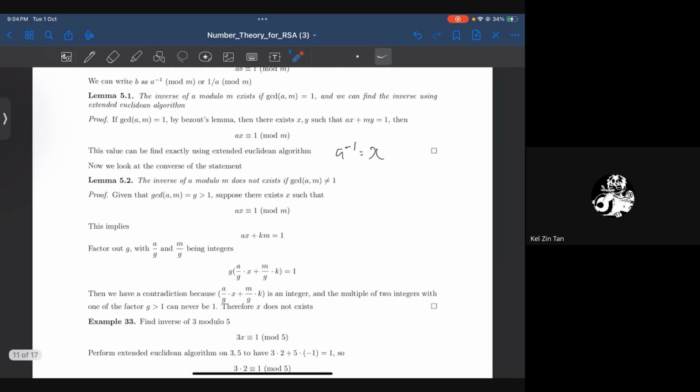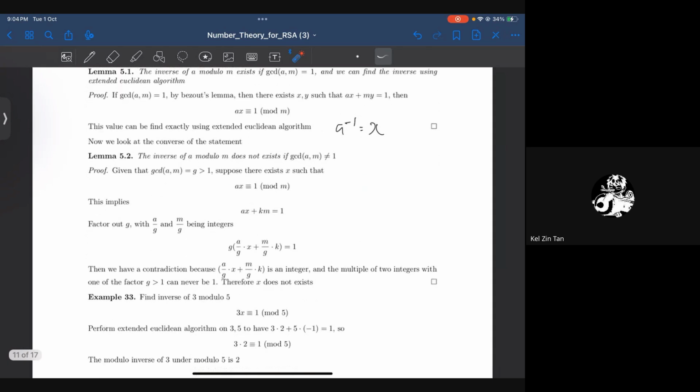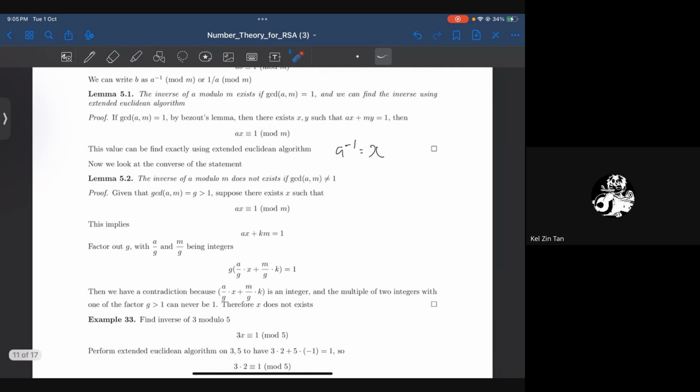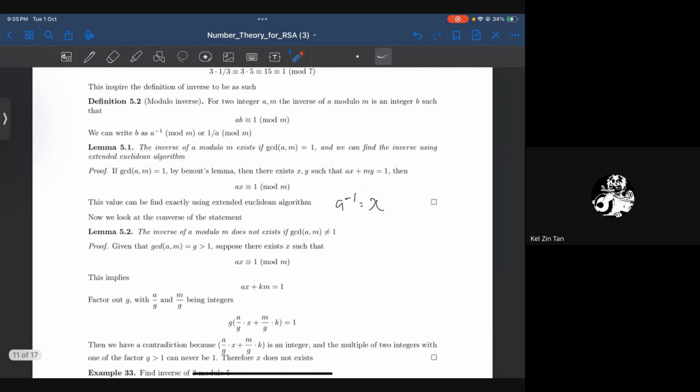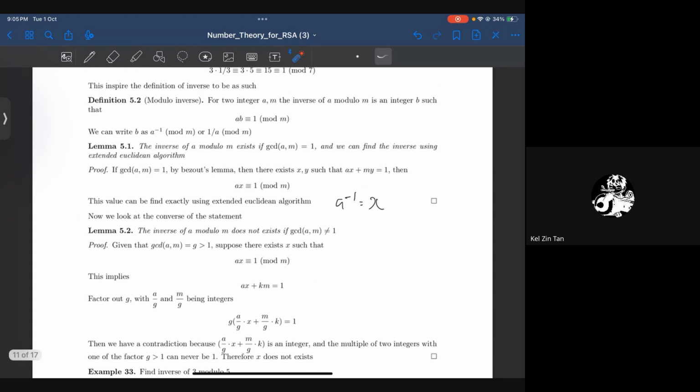For this week, first let's look at the converse of this statement. Here we are saying that if the GCD of A and M is equal to 1, then the inverse of A modulo M exists. But the converse is also true: if the GCD of A and M is not equal to 1, meaning there are some common factors between A and M, then the inverse of A modulo M does not exist.